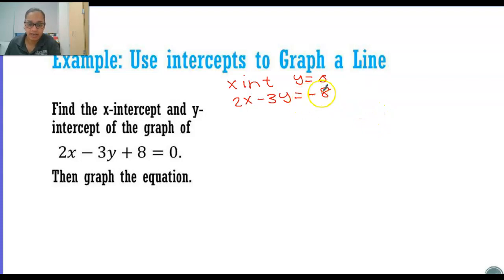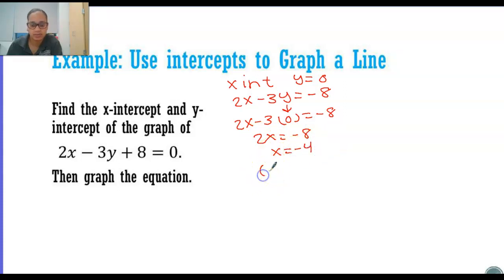I'm going to plug in 0 for y. So when I solve this, this would cancel here. So 2x equals negative 8. So x equals negative 4. So my x-intercept would be negative 4, comma 0.